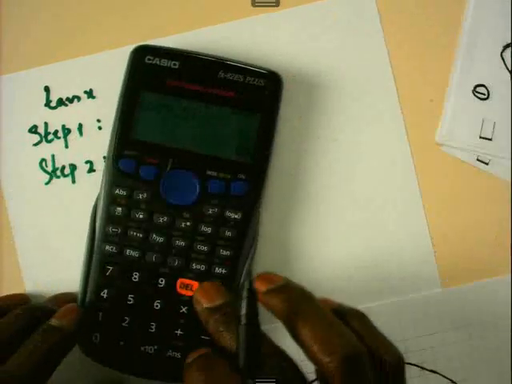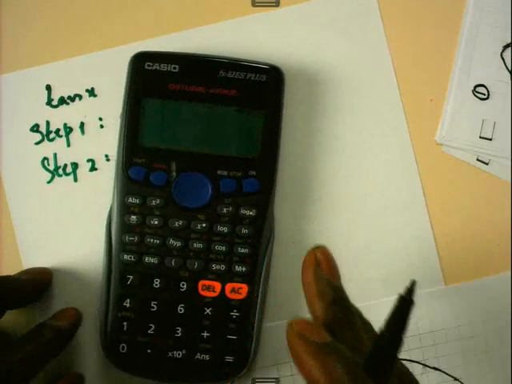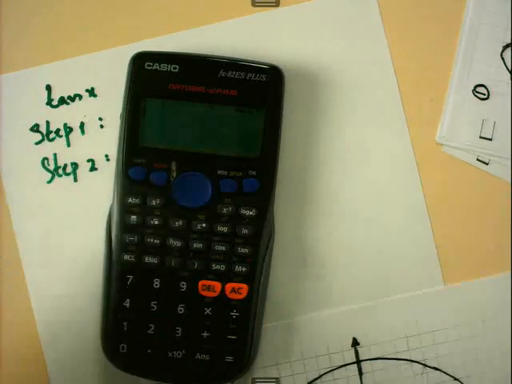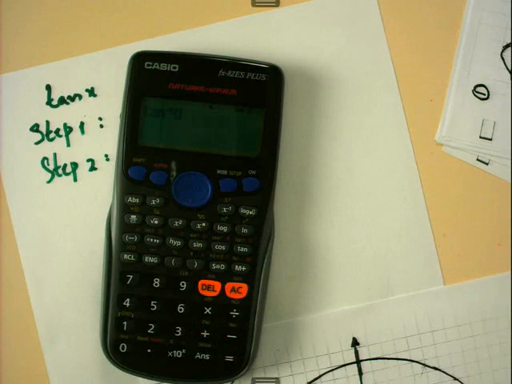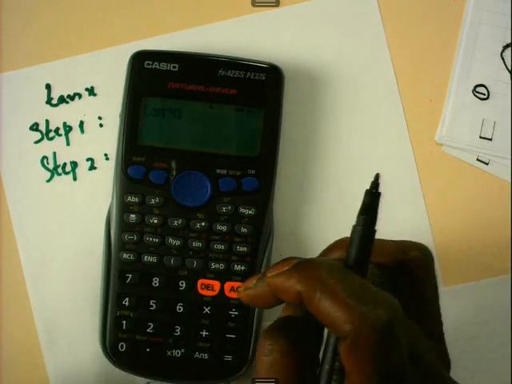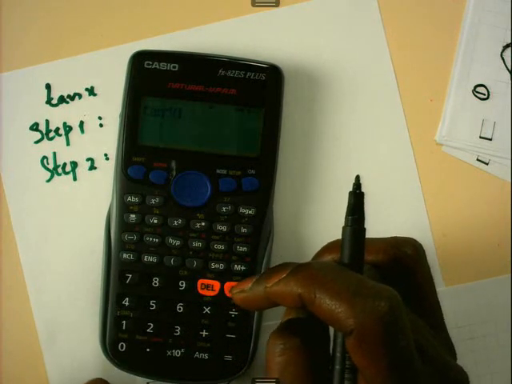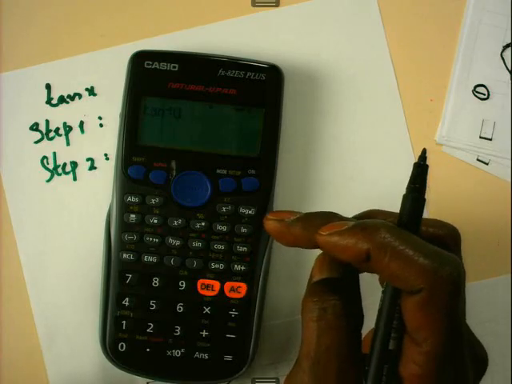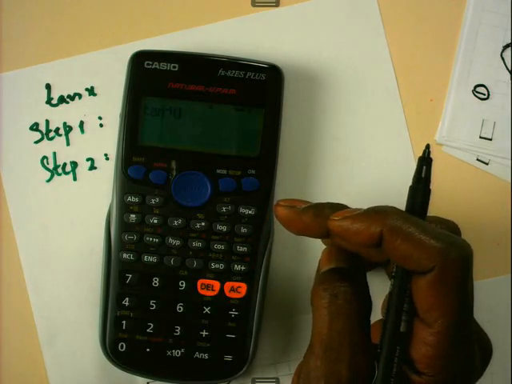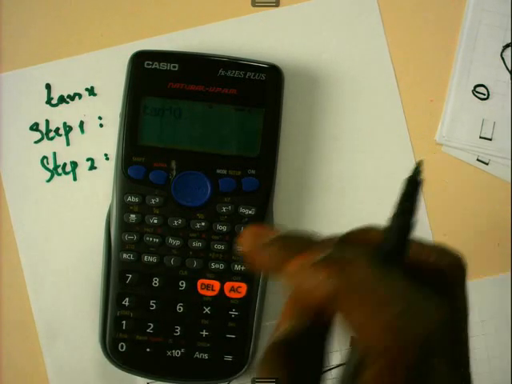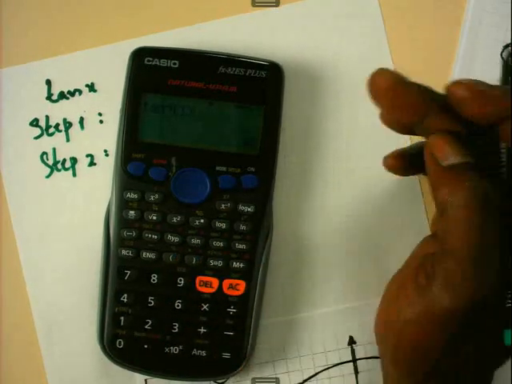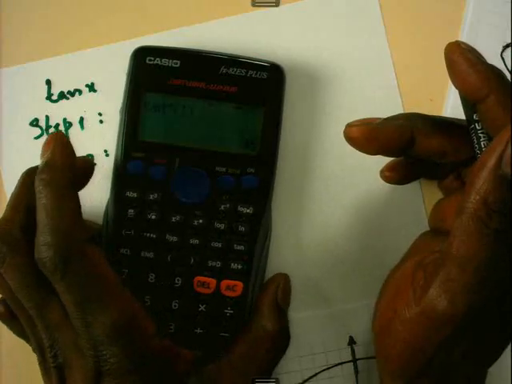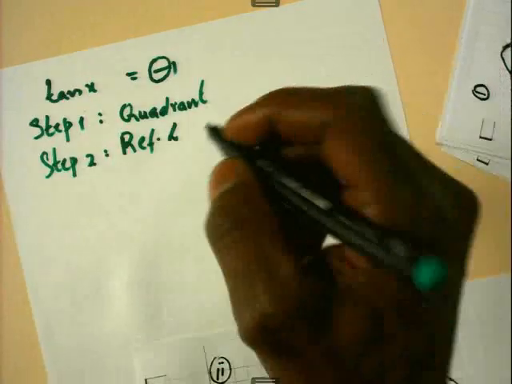We take the calculator, we do the same thing that we have done: second function or shift, tan. I want to press -1. Oops, wrong. I've already used -1 just to identify the quadrant. So I need to press just 1 and then the equal sign, and my reference angle is 45 degrees.